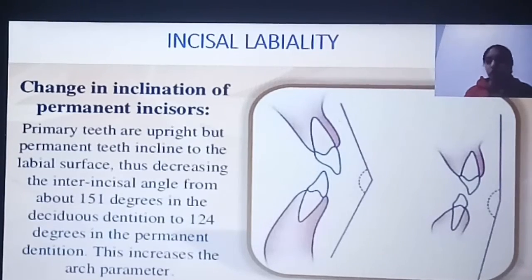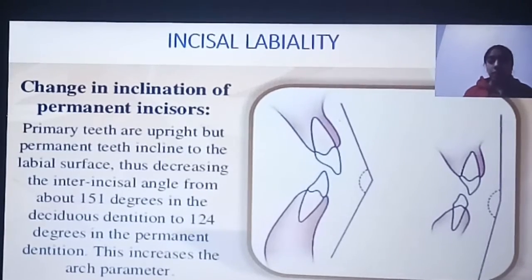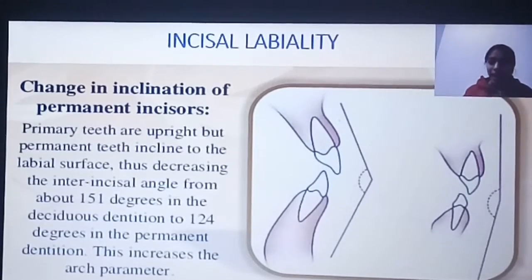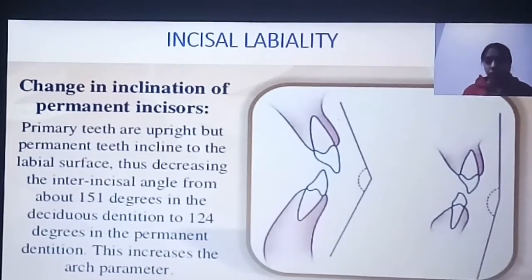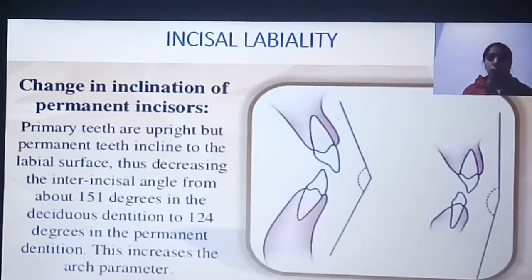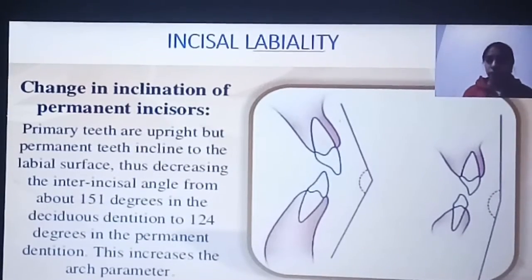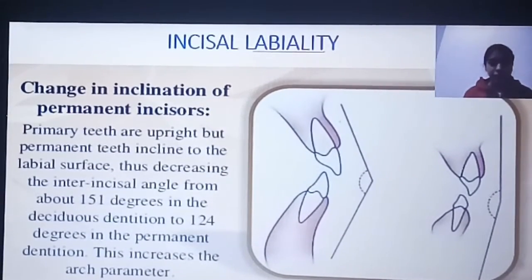Now there are two terms which some find very confusing, that is incisor liability and incisor labiality. How to understand these terms is from this word labiality. Labiality means something is present labially, towards the labial side. So what is incisor labiality?